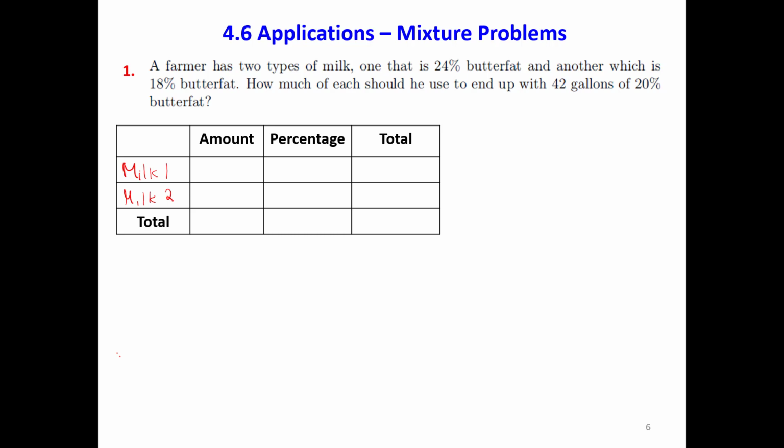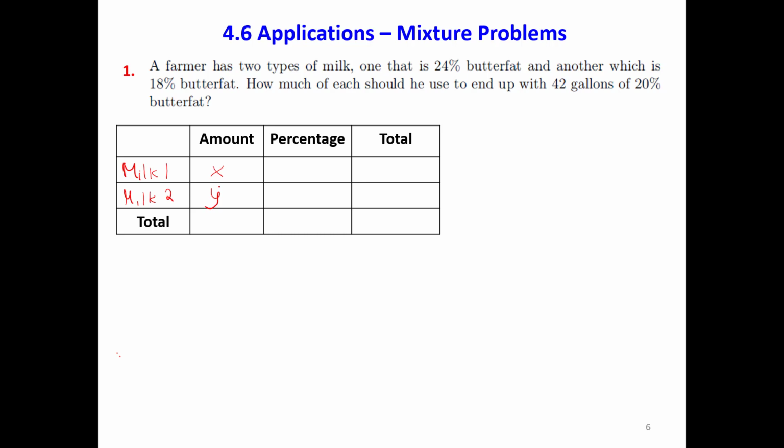And because we don't know, we will write X and Y. Then we want to know how much of each milk we need to combine to get 42 gallons of milk with 20% butter fat. Then we had X and Y.